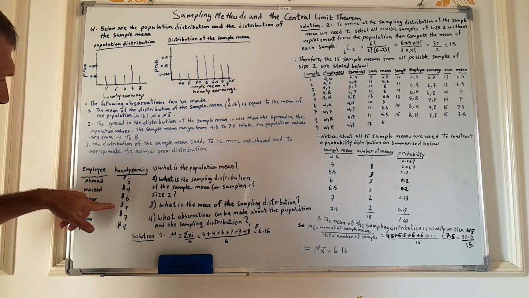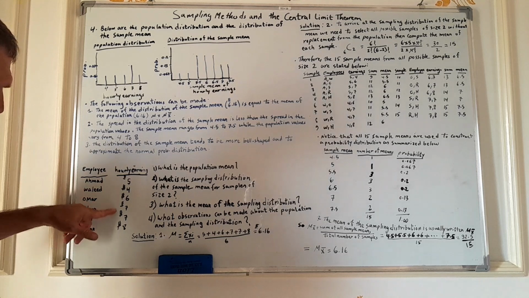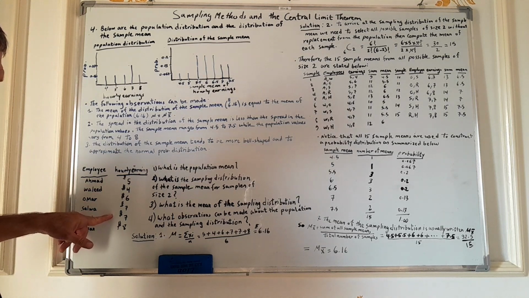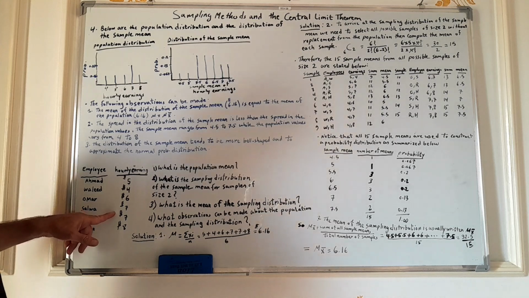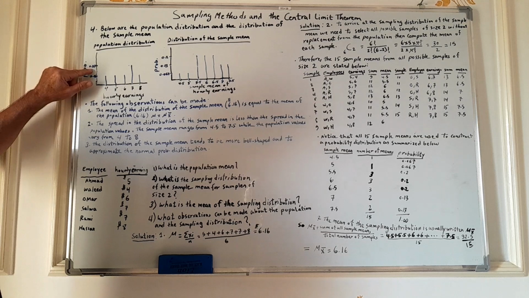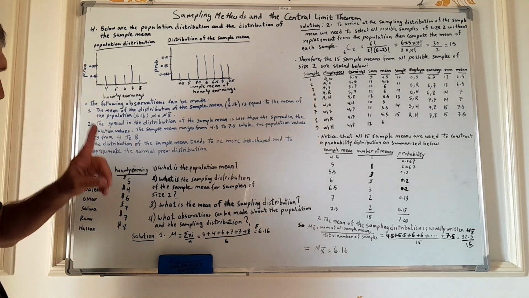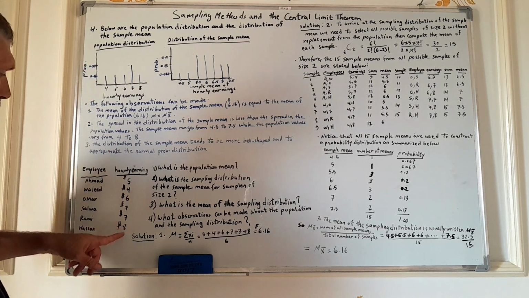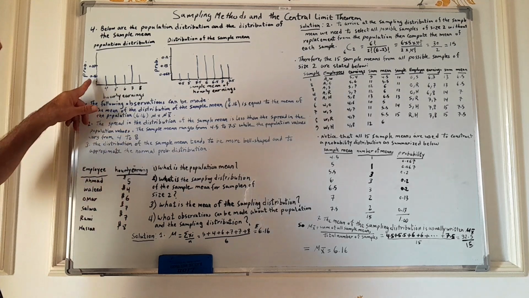Now, how about 7? We have 2 persons earning 7. Salwa and Rami earn $7. So 2 out of 6 is 0.33. And 8 is 1. 1 out of 6 is going to be 0.16.